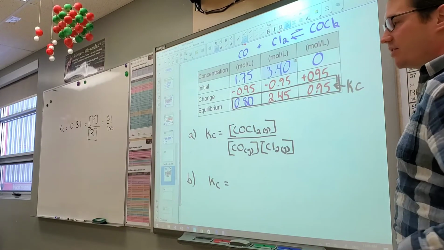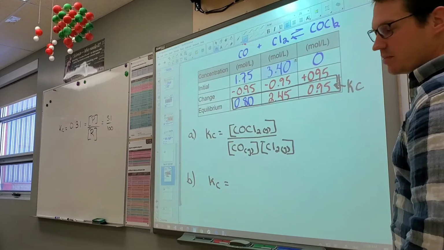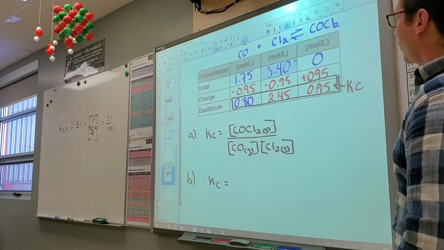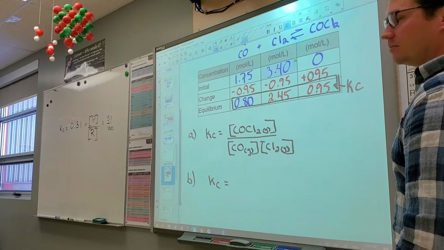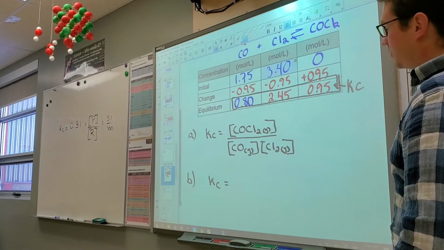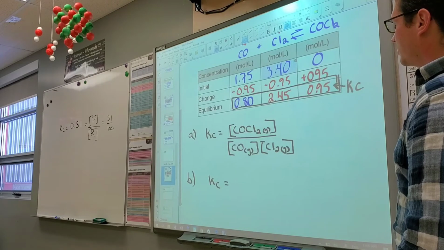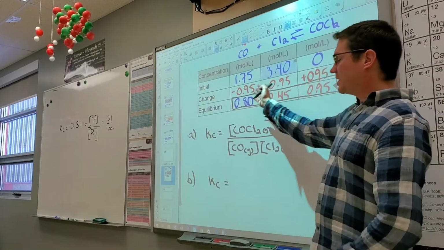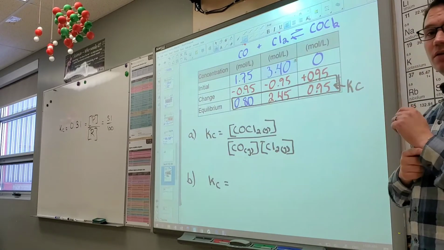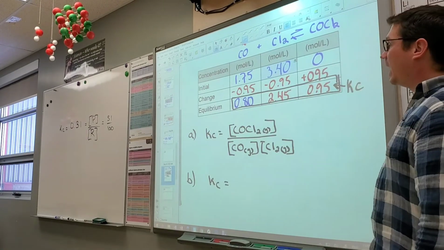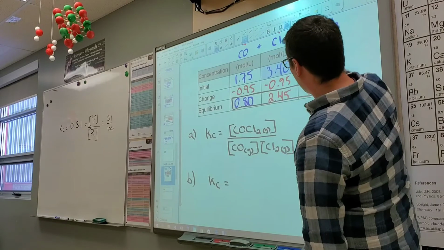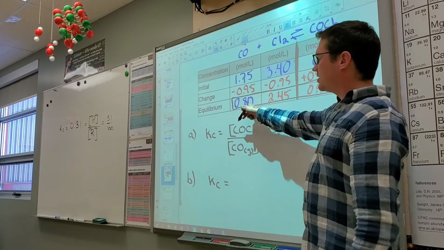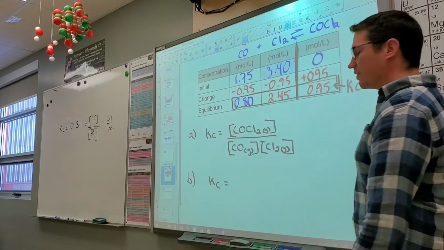I'm going to give you another kind of 10 seconds to just finish up your thoughts. So let's take a look at our ice table. Remember, we've got reactants on one side and products on the other side.